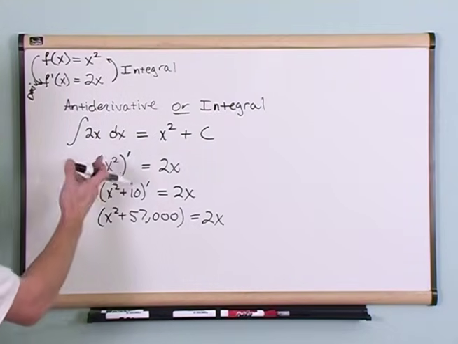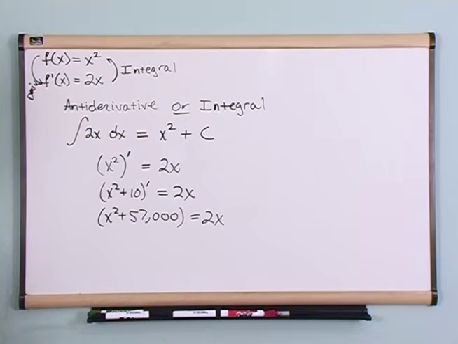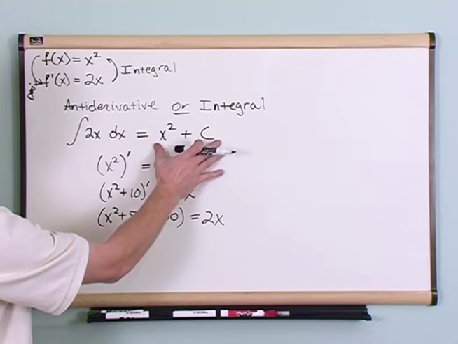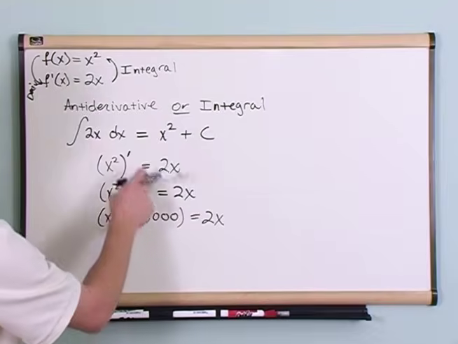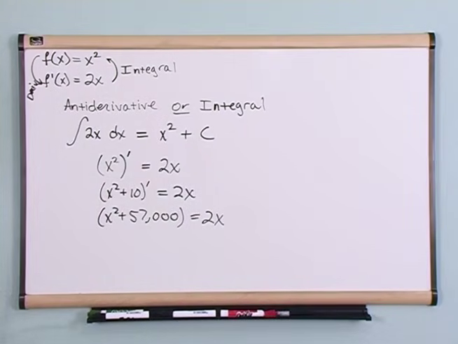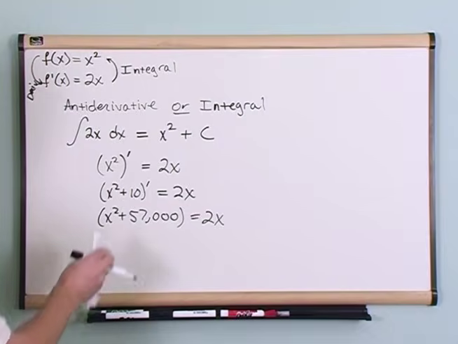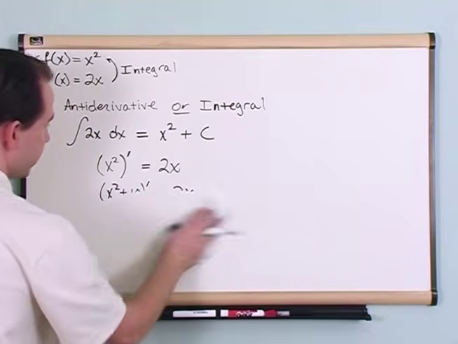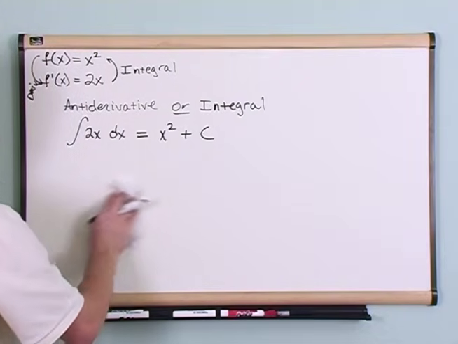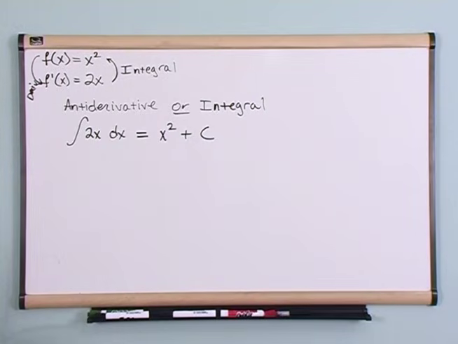These are just 3 of the answers, and they're all equally valid, because the only constraint is whatever I get on the right-hand side, I better be able to take the derivative of it and get back what's in the integrand. So C can be any number, and that's why we have to write it out like that. Anytime you take integrals like this, you will have a constant, called a constant of integration, off to the side in your answer.